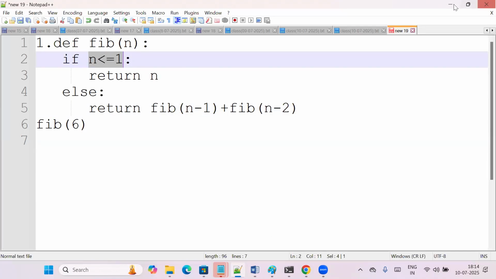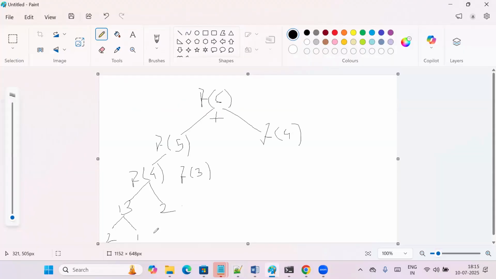So here you are getting 1, it will return 1, right? Here you are getting 2, here you are getting 1. This is the function call, guys. Again you are getting 1, here you are getting 0, here already 1, correct? You are returning 1 here, correct?